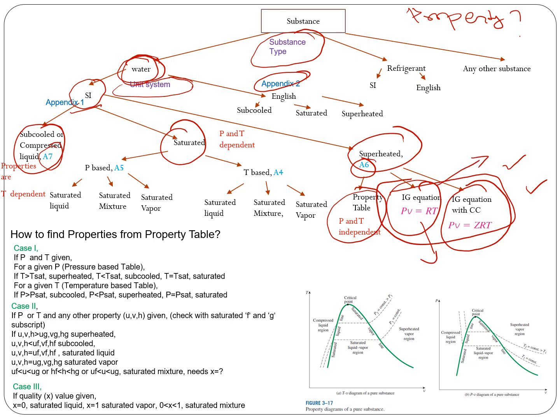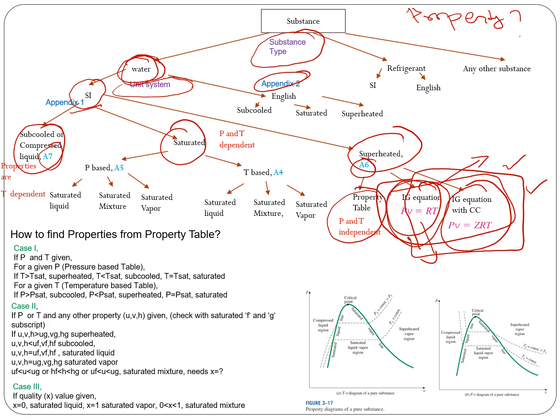Remember, you cannot use the ideal gas equation, or the ideal gas equation with the compressibility chart, for liquid, or solid, or even a mixture of liquid and vapor. It has to be completely gas or superheated vapor, and we'll try to figure out the situations in which the ideal gas equation gives you good results, and in which cases it does not.